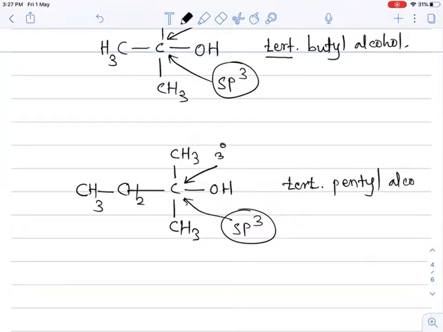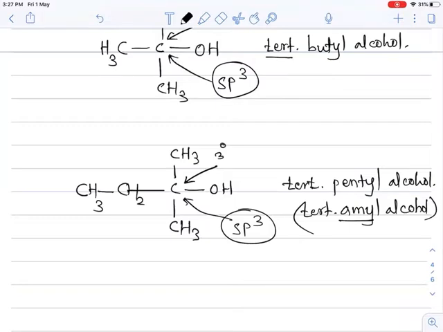Pentyl alcohol, a 5 carbon containing alcohol. It is also called tertiary amyl alcohol. The amyl group, that is the pentyl group, and that's why it is also called tertiary amyl alcohol. So these are 2 examples of tertiary alcohols, that is tertiary butyl alcohol and tertiary pentyl alcohol.